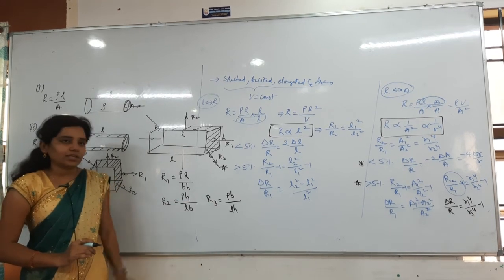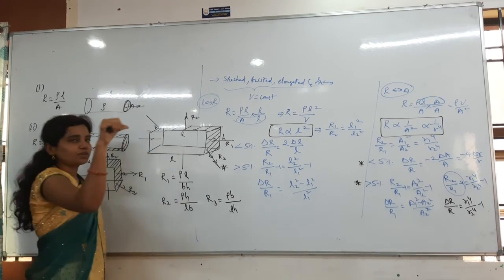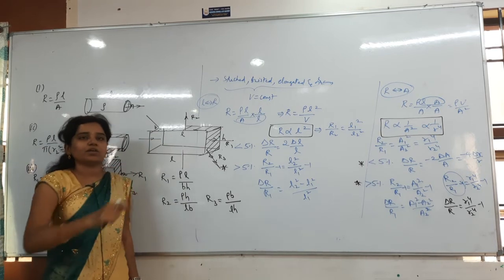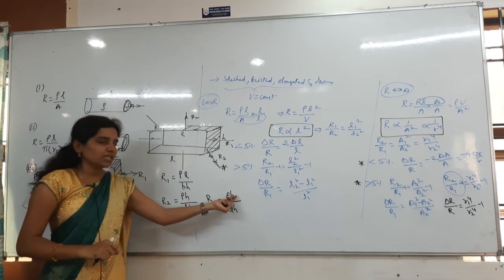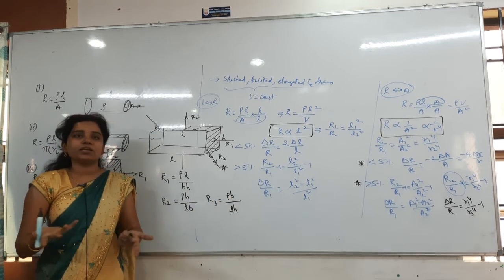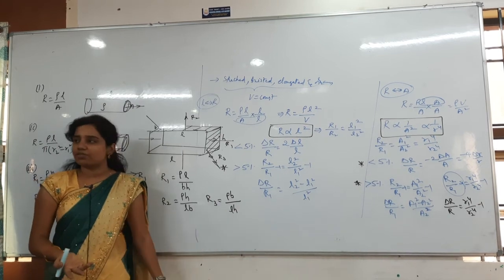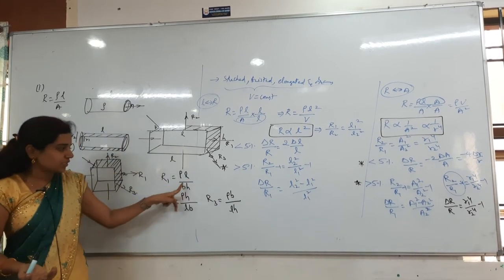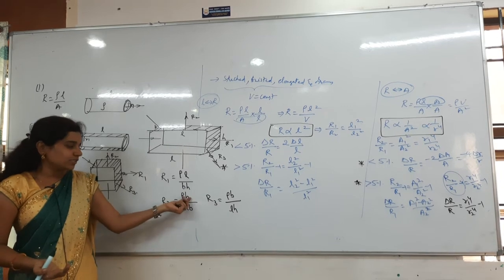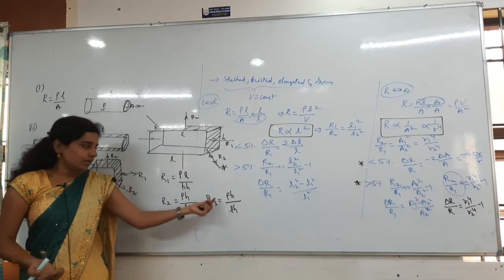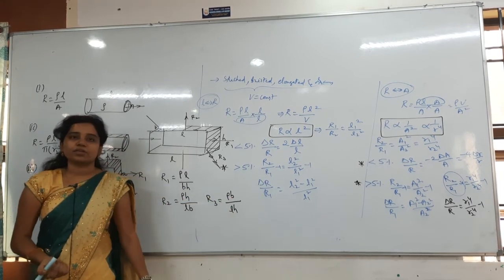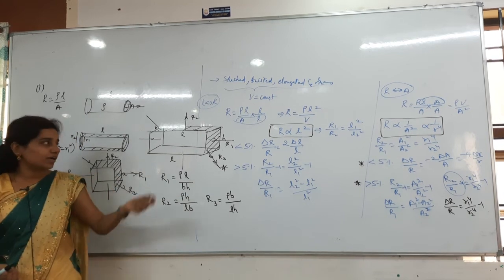And then R3, I have taken from front to back. Front to back is nothing but the distance it is covering, breadth. So B is finished. Then what is remaining? L and H only. Those remaining values I have written here. Here L is finished, B and H are remaining. Here H is finished, L and B are remaining. Here B is finished, L and H are remaining. Clear, right? That is the answer for the cuboid.